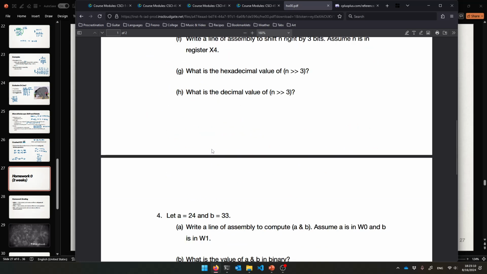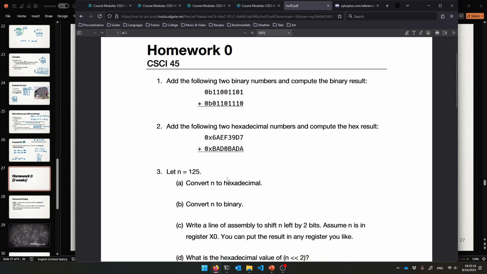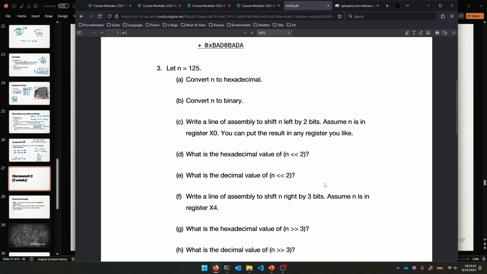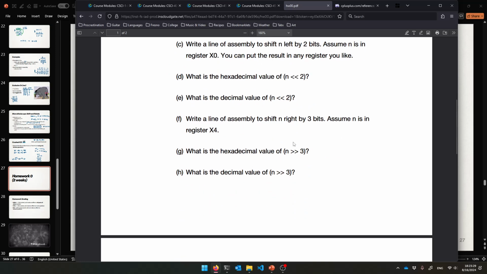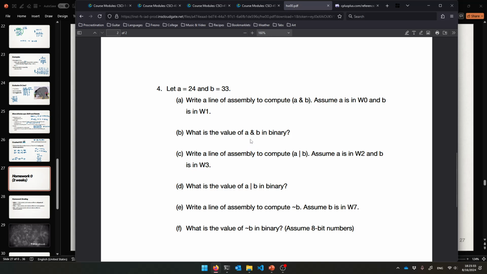Here are all of your questions, and here's what I want you to practice. So practice adding some binary numbers, practice adding some hexadecimal numbers, doing some base conversions, doing some shifts and things, and thinking about the corresponding assembly, all the stuff that we were talking about today. And you can also do this kind of stuff on W registers.